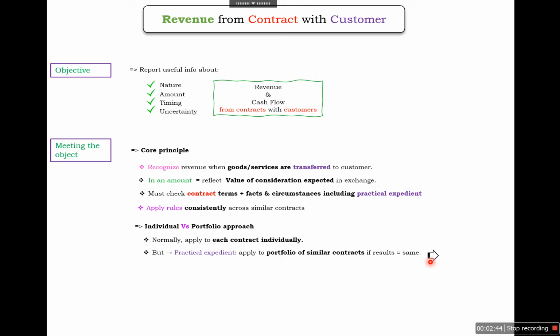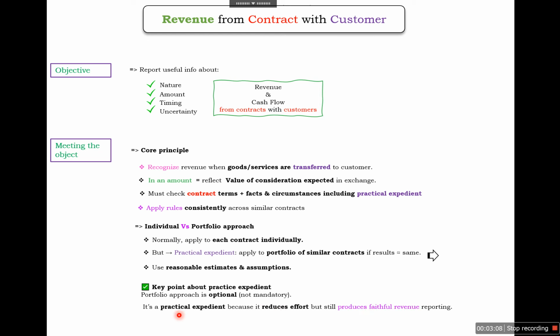So if we apply Ind AS 115 to a group of transactions and the result is the same, then we can use the portfolio approach instead of applying 115 to each and every contract. The key point about the practical expedient is that this approach is optional, not mandatory, and it is a practical expedient because it reduces effort but still produces faithful revenue reporting.